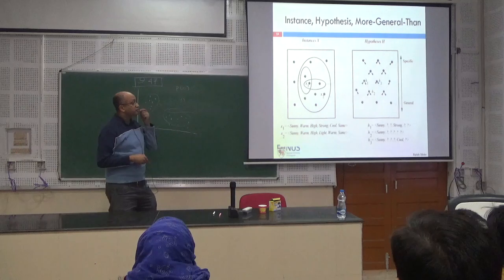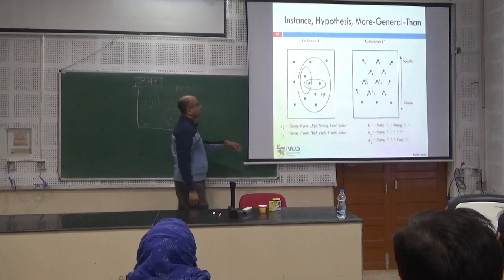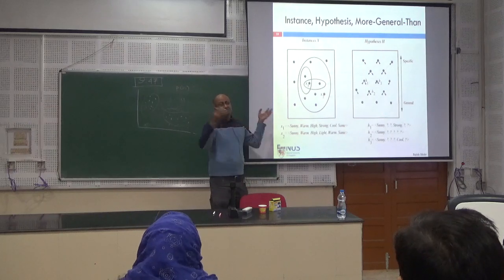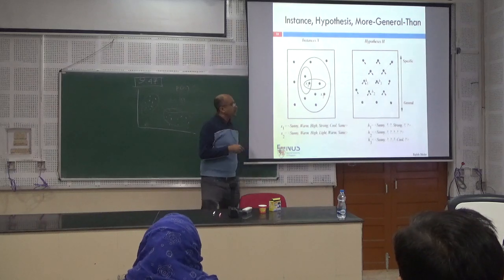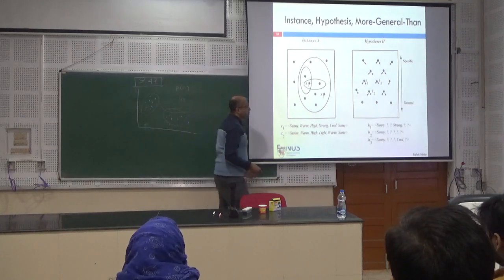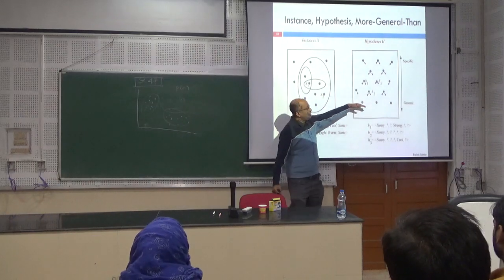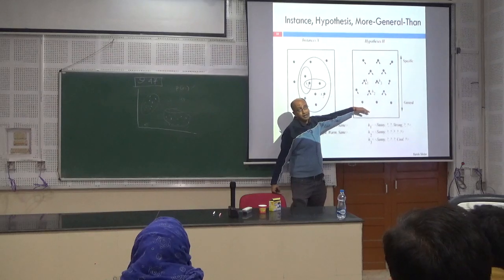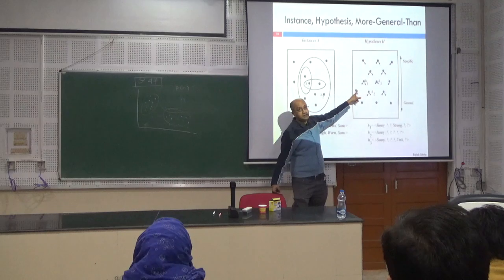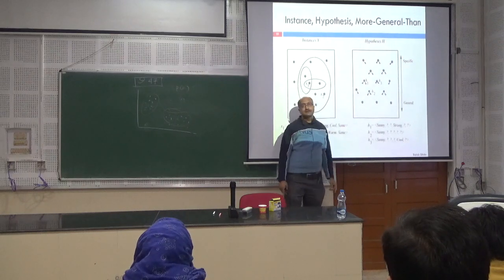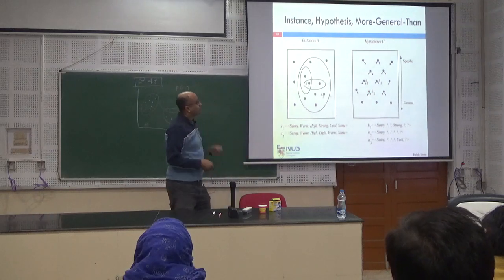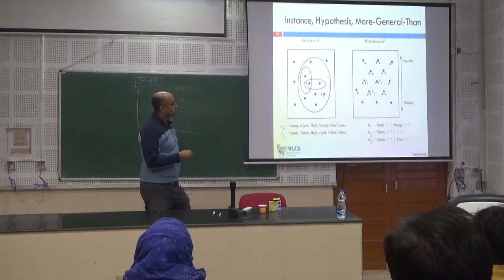So let's take another look at this. These are my instances, just some picture, doesn't mean much. And these are my hypotheses. What I'm showing here is that the most general hypotheses are here, and the arrow shows this is more general than this. If I think of this as H2, this as H1 and H3: what is H1?